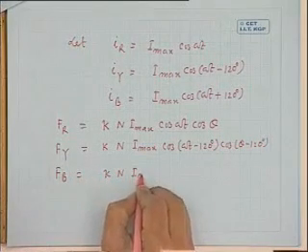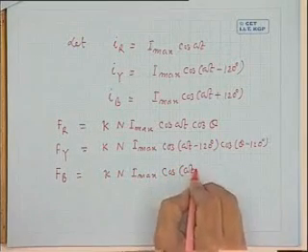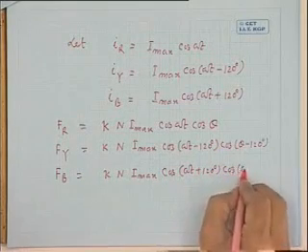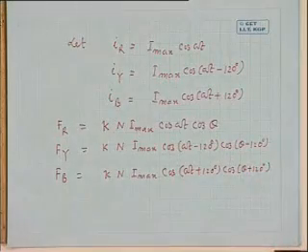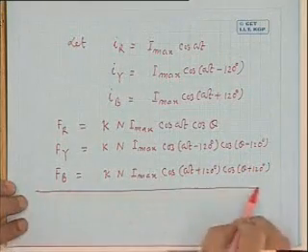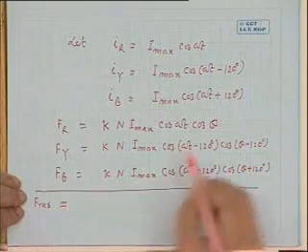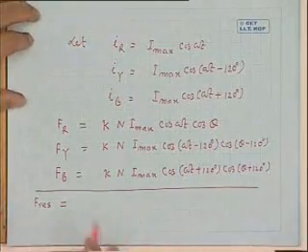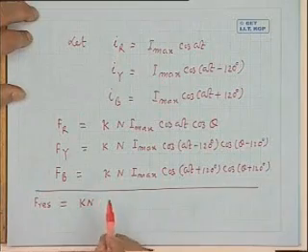Theta is the space angle. And FB is k into n into I max into cosine of omega t plus 120 degree into cosine theta plus 120 degree. So the resultant field, F resultant, will be the sum of these three.